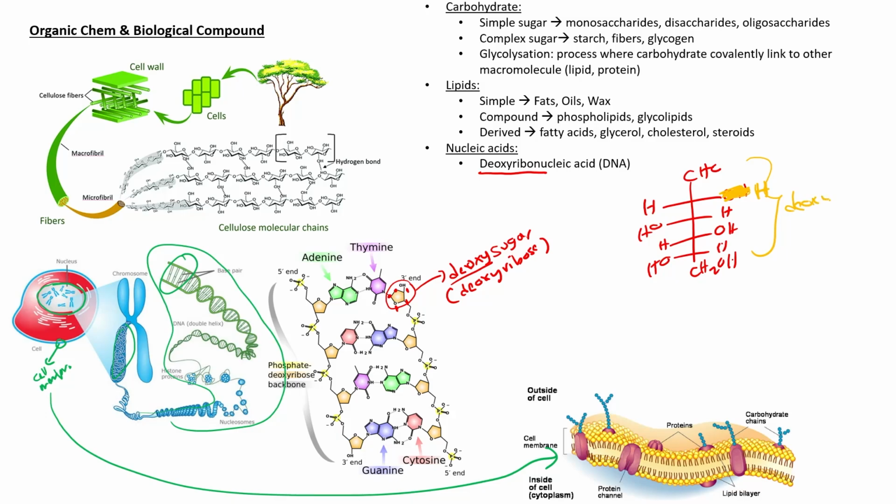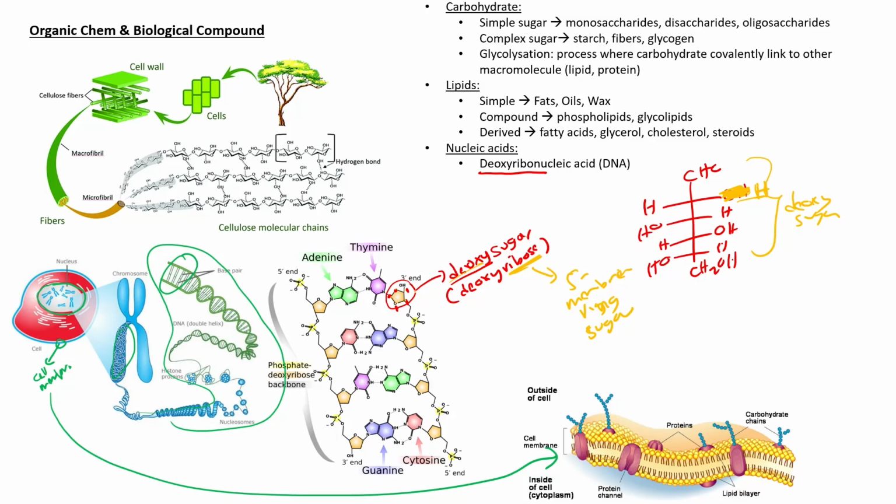In the case of DNA, they use ribose, a 5-membered sugar. It's not like glucose. So that is the deoxy sugar part.